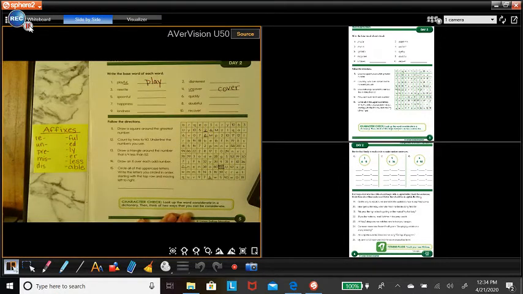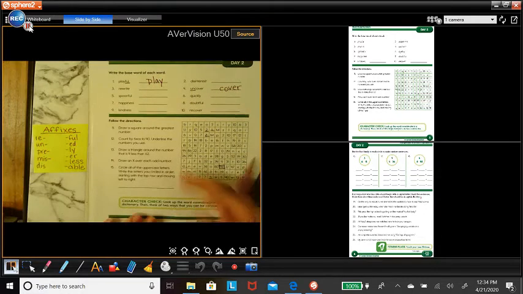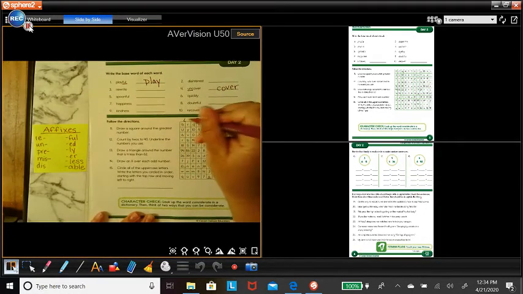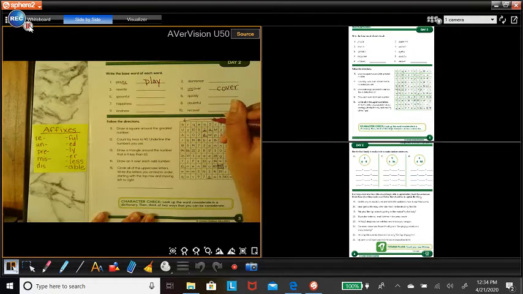Question 13. Draw a triangle around the number that is 4 less than 62. So let me think of it as a number line. 62 is here, and I need to think of the number that is 4 less. So 1, 2, 3, 4.